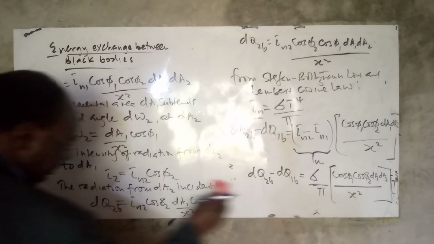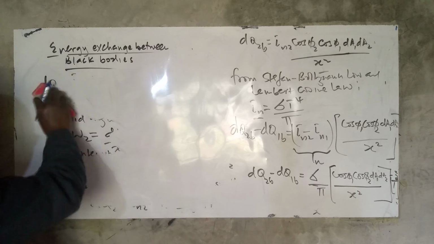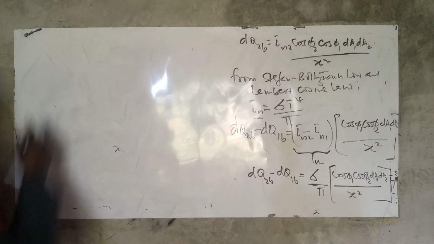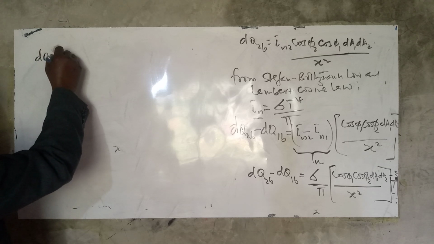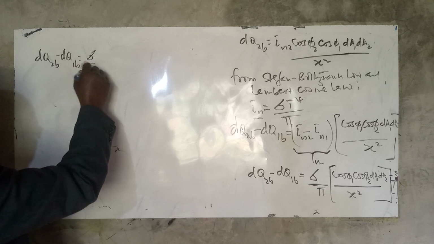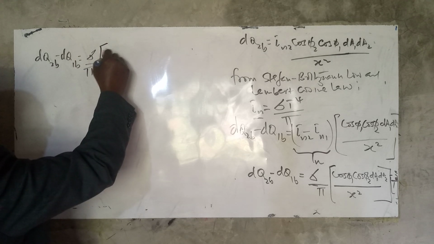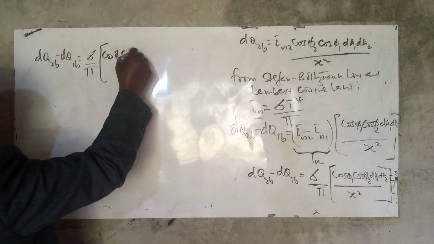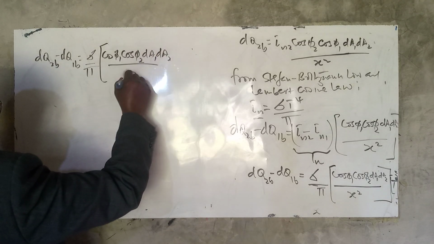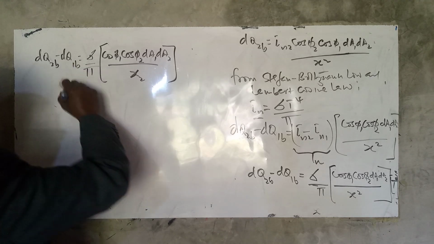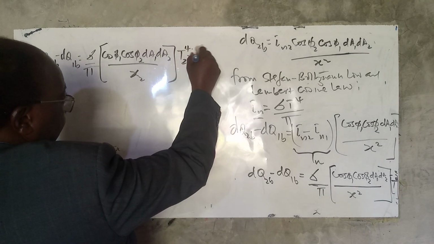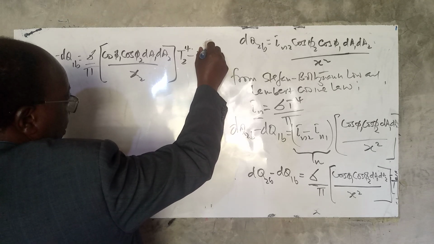Let's write it out properly, the space is not sufficient. So we are saying therefore dQ2b minus dQ1b will be sigma over pi into cos phi 1 cos phi 2 dA1 dA2 over x squared into T2 to the power 4 minus T1 to the power 4.